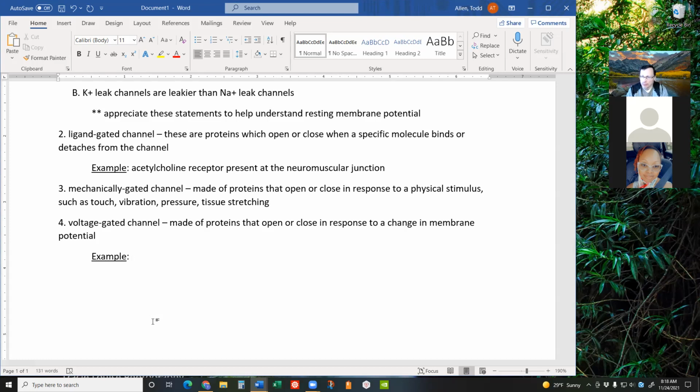So remember in chapter 10, the electrical signal came down the neuron and it caused the voltage-gated calcium channel to open so that calcium ions entered the neuron. That discussion we had in chapter 10 highlighted one specific type of voltage-gated channel called a voltage-gated calcium channel.